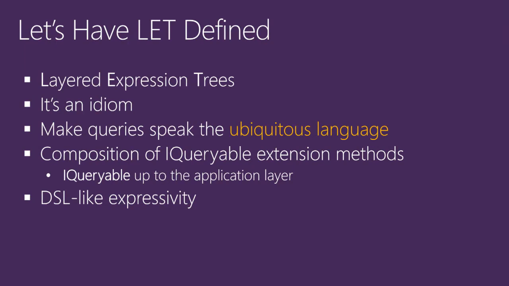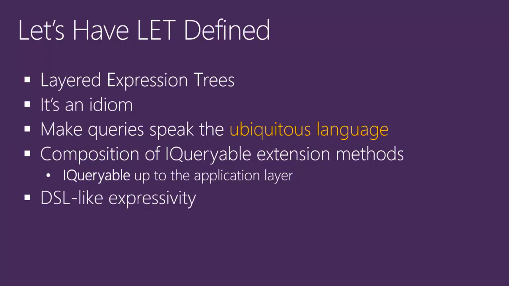So, in this way, we bring IQueryable objects up to the application layer, and we close the query only at the last minute. And we specify the projection of data we want at the last minute. Look, we are not talking about using LINQ to Objects.